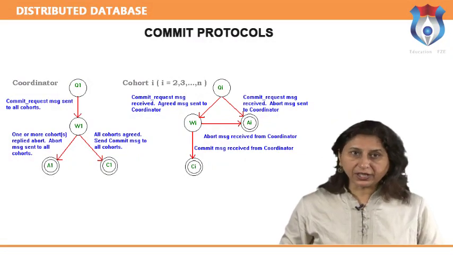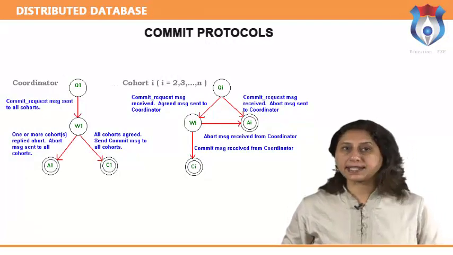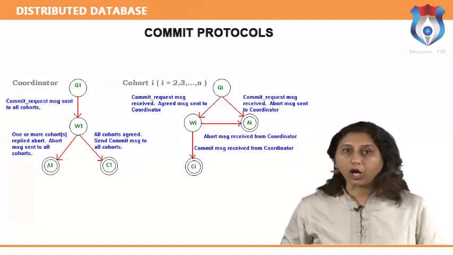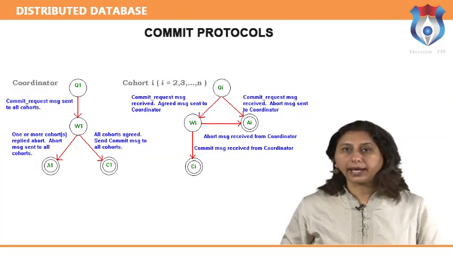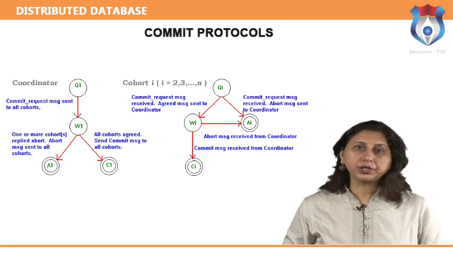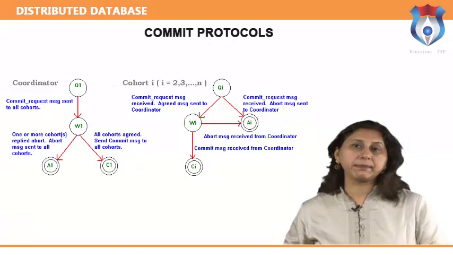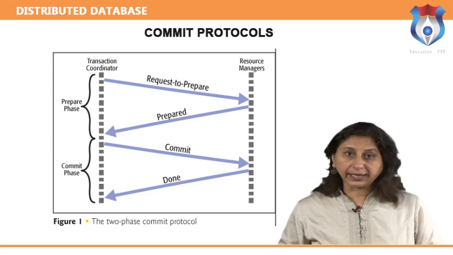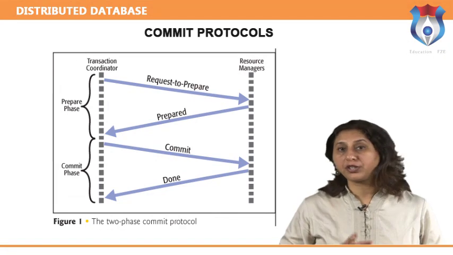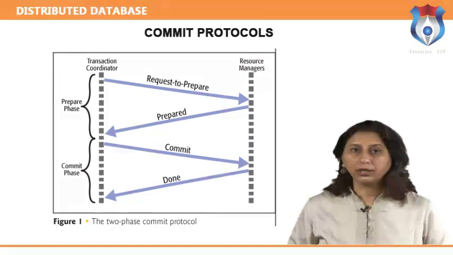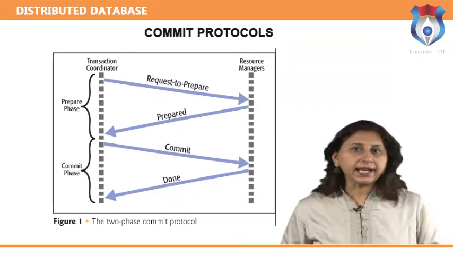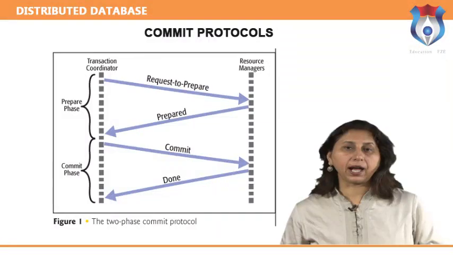Upon receiving the message, the transaction manager at a site determines if it can commit the transaction. If not, add a record <no T> to the log and send an abort T message to Ci. If the transaction can be committed, then add the record <ready T> to the log, force all records for T to stable storage, and send a ready T message to Ci.